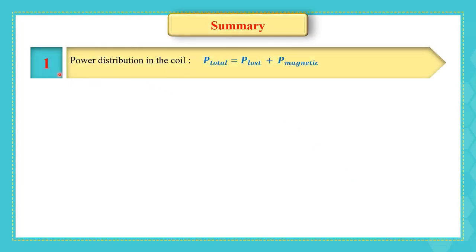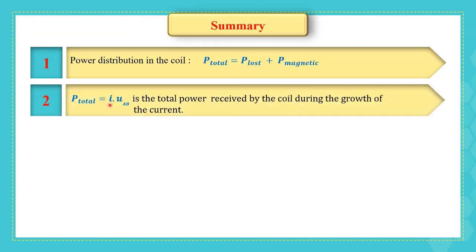Now, as a summary, the power distribution in the coil is as follows: P total equals P lost plus P magnetic. P total equals i U AB, which is the total power received by the coil during the growth of the current.